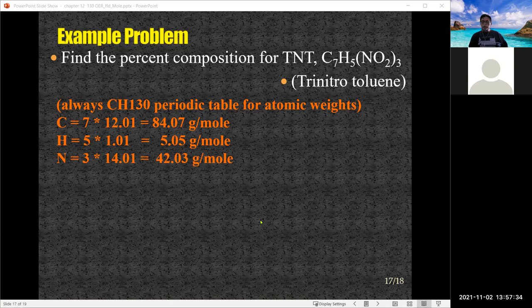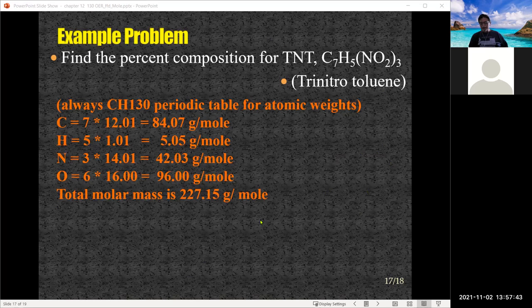We have 3 nitrogens at 14.01, that gives you a total of 42.01. 6 oxygen at 16 each, that is a total of 96.00. So the molar mass for TNT, trinitrotoluene, is 227.15 grams per mole. Okay.